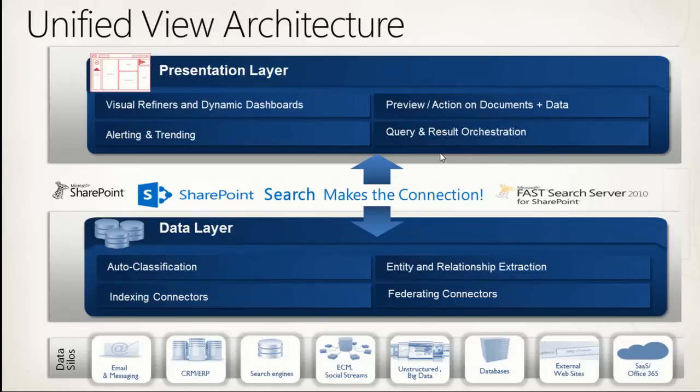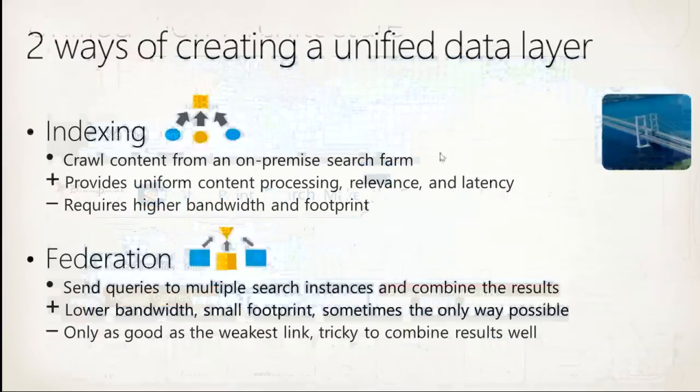So let's start with the data layer, and I'll be talking about two techniques, indexing and federation. Anybody here go to the crawling session for search this afternoon? Okay, fun. So forgive me if this is pretty basic, but these are basic search 101.